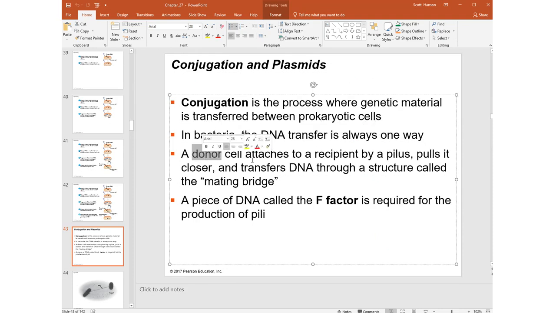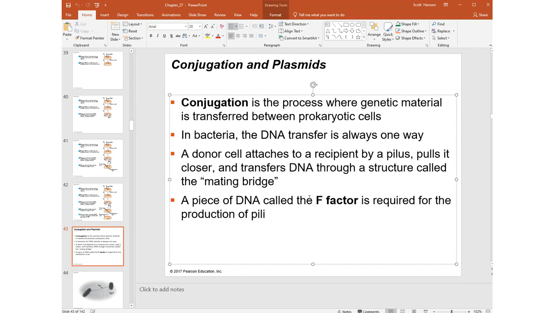The donor cell attaches to the recipient cell by a pilus. Remember, pili is plural and pilus is singular. So it attaches with a pilus, pulls the cell closer, and transfers DNA through a structure called a mating bridge that was formed by that pilus.